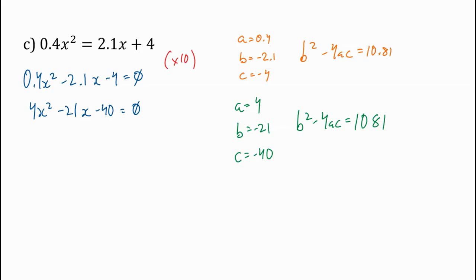So we are using the quadratic formula. b is negative 21, so 21 plus minus the square root of 1081 over 2a. Make sure that you don't use a combination of the whole numbers and the decimals, right? I'm using the whole numbers as opposed to using the decimals, so I got to make sure I use all of those.